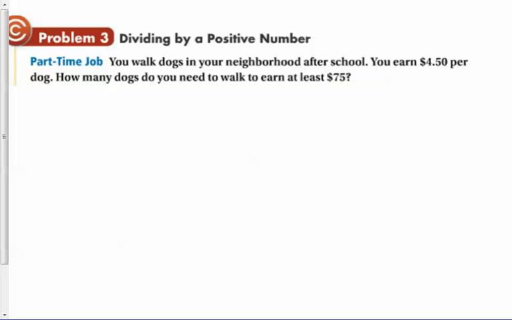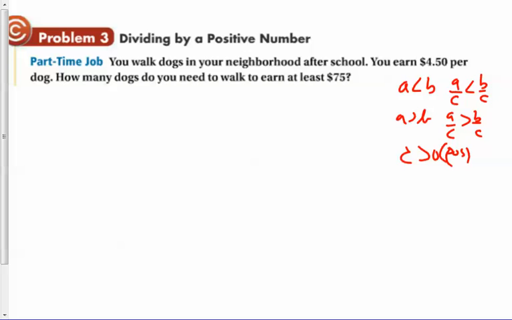When we're talking about the division property of inequality, it's basically if A is less than B, then A divided by C is still less than B divided by C. And if A is greater than B, then A divided by C is still greater than B divided by C. But this is all good when C is greater than 0, or positive.